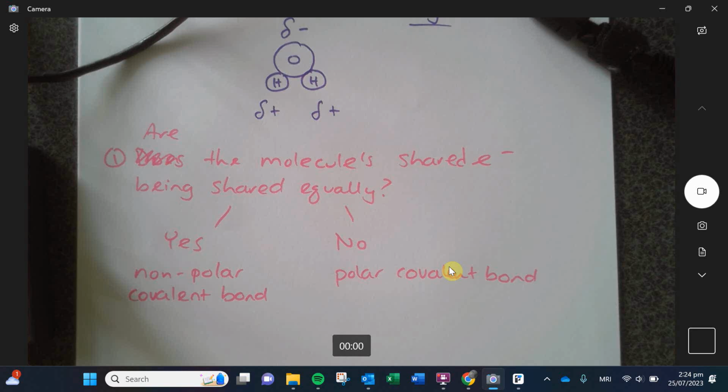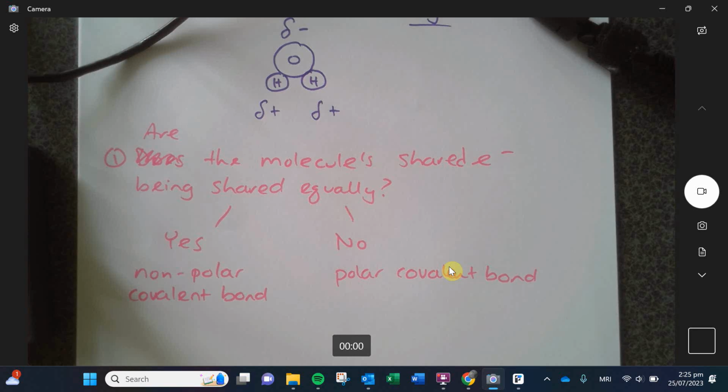Okay. So the way we decide whether or not these electrons are going to be shared equally is by using something called electronegativity. Electronegativity is just referring to the attraction between the nucleus and the shared electrons. Do you want me to write that down? Okay.